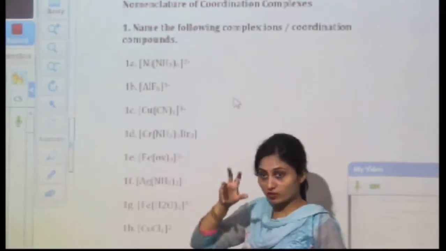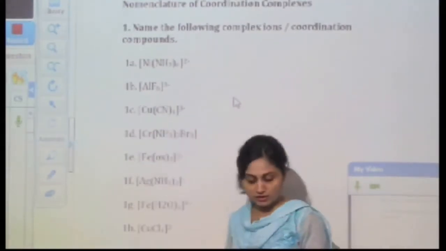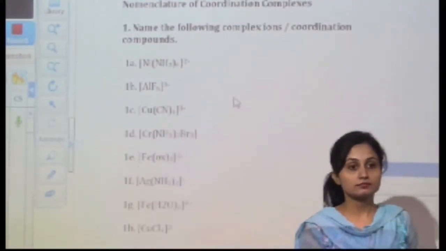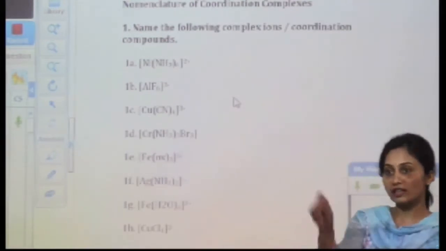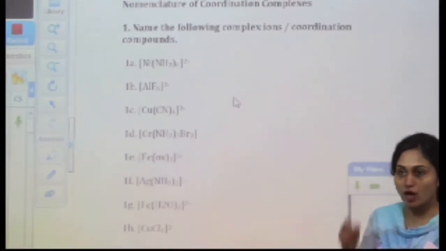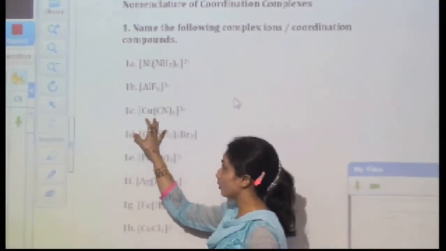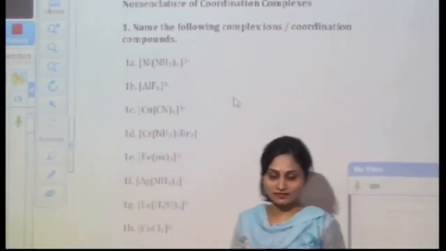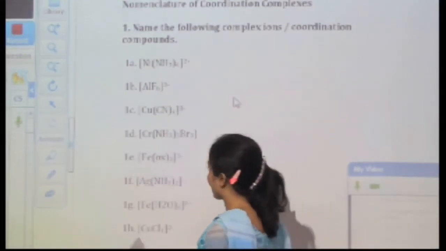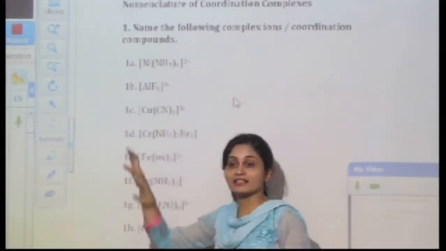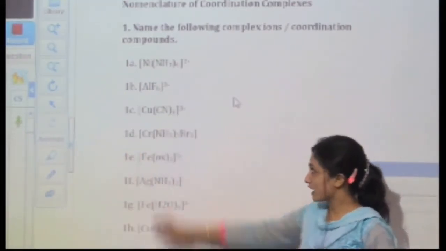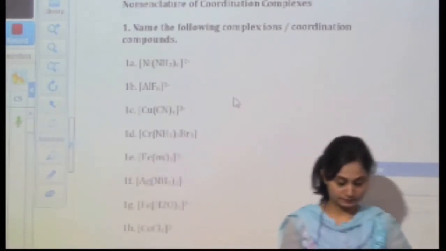It's cuprous, which is cuprate, and then tell me the oxidation number for this. This won't work out like this, you will have to move your hand a bit. Give your hand muscles some exercise. So this will be tetracyanocuprate 1 ion. Alright, 5 seconds for the next one.